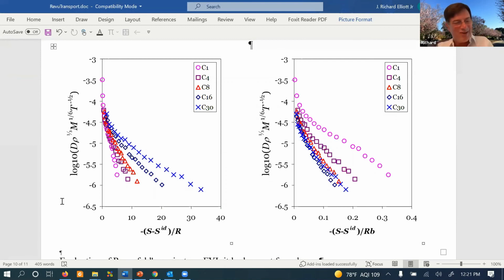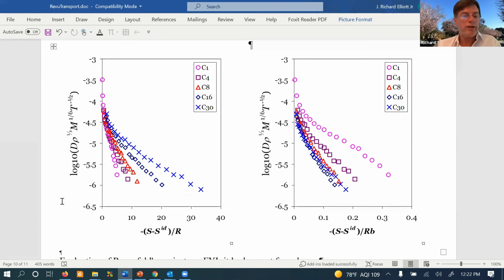It's very basic, right? And so if it's true that this entropy scaling applies, that the self-diffusivity is somehow just connected with the deviation of the entropy from the ideal gas property, then it ought to be transferable from one chain molecule to another.